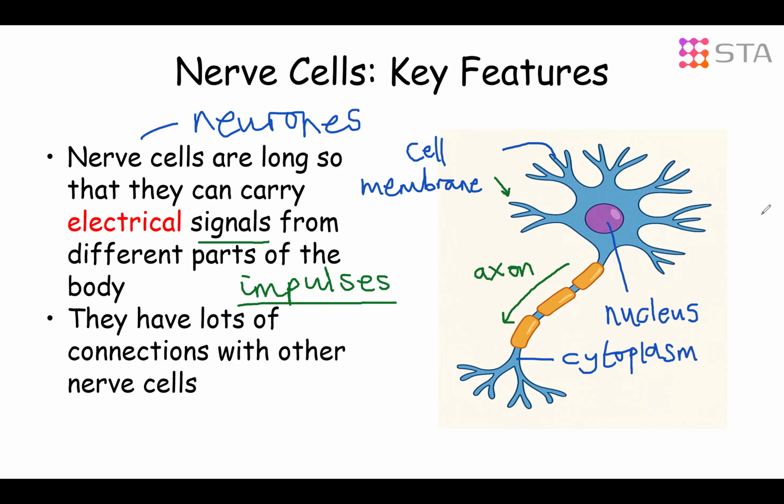Inside the nerve cells, you will have lots of mitochondria, lots of ribosomes, but they're just not on this diagram. So if we wanted to, we could draw some mitochondria. Here you are. And you could also draw lots of ribosomes, where proteins are made. And nerve cells, like all cells, do make proteins.